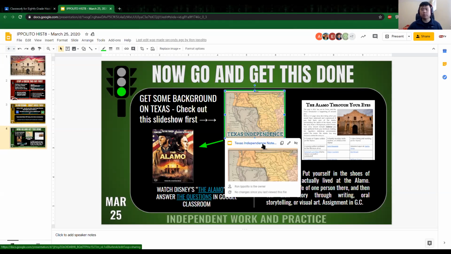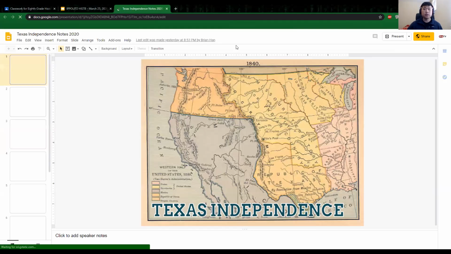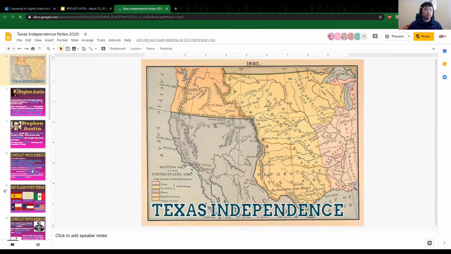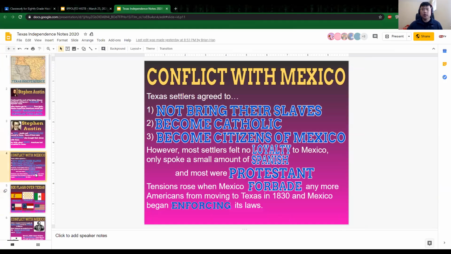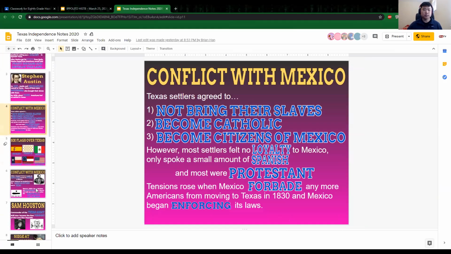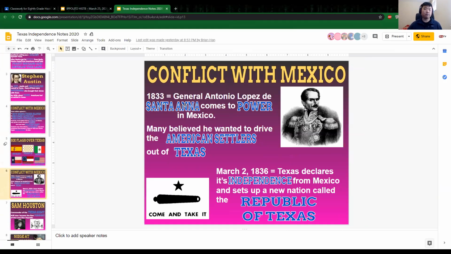Let's actually open it up right here, see if we can take a look. And then when they transitioned from territory of Mexico to the Republic of Texas, Confederate States of America, United States. It goes over the parameters in which Americans were allowed into Texas, and then transitions into the conflict with Mexico.